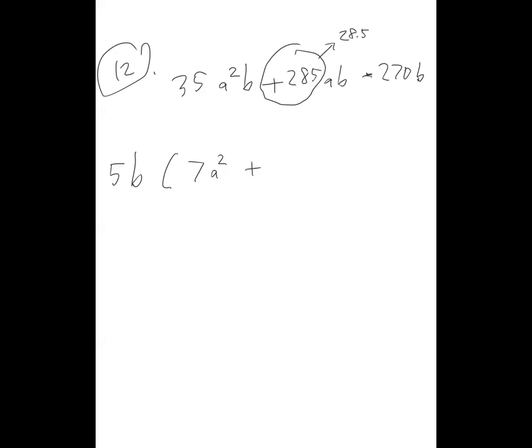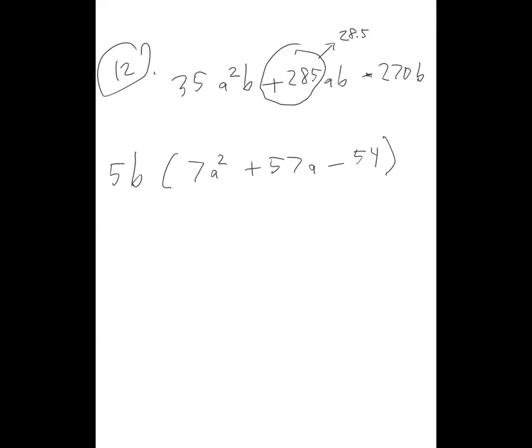Whenever you divide something by 10 and double it, that's the same as dividing it by 5. So that's a shortcut. So you get 57a minus, and then let's do the same trick on this. If you divide 270 by 10, you get 27. Then double 27, you get 54. So that's 54, and the b is already factored out.